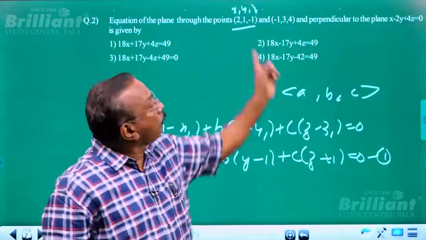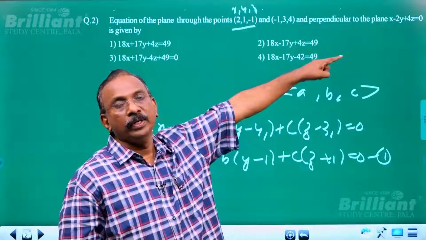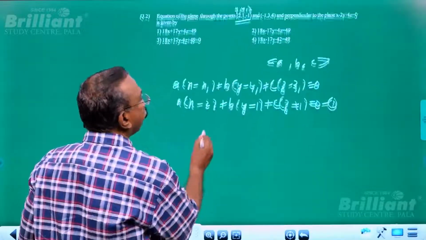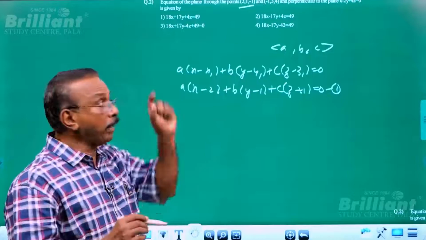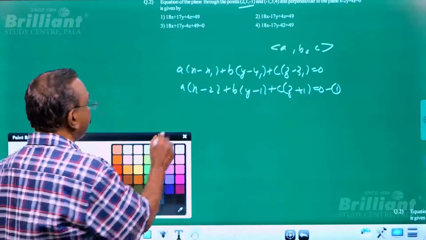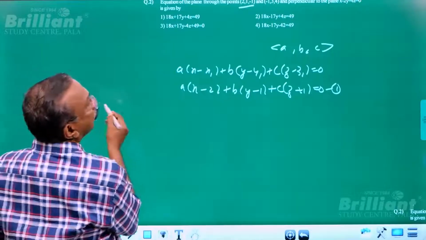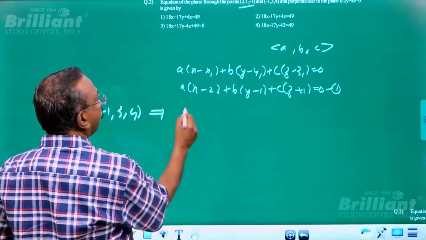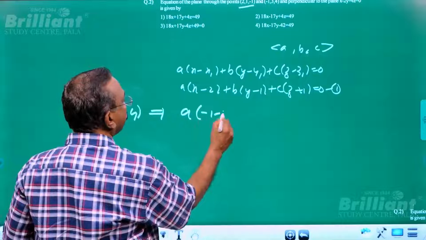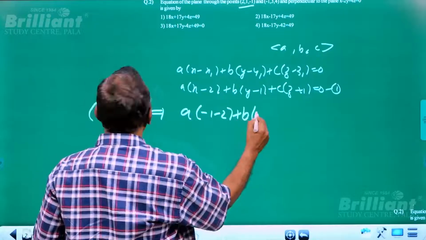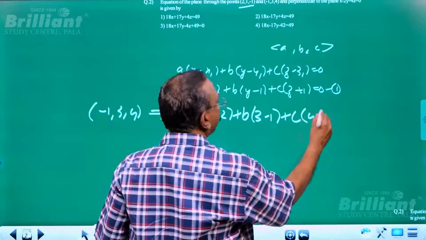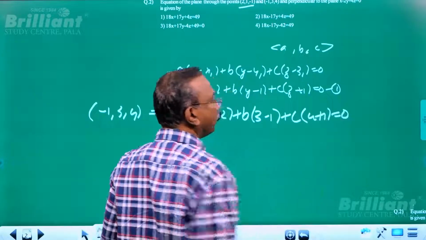You want to find the equation of a plane which passes through the next point minus 1, 3, 4 and is perpendicular to that plane. So it's a very simple situation. You can find A, B and C by substituting the given point. It passes through the point minus 1, 3, 4. So this will give A into minus 1 minus 2 plus B into 3 minus 1 plus C into 4 plus 1 is equal to 0.